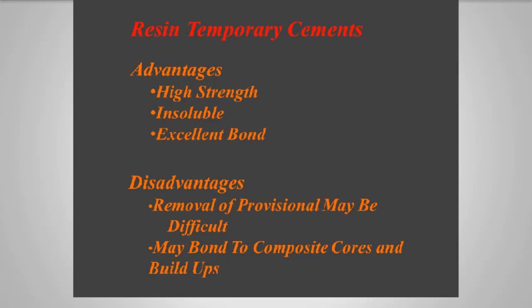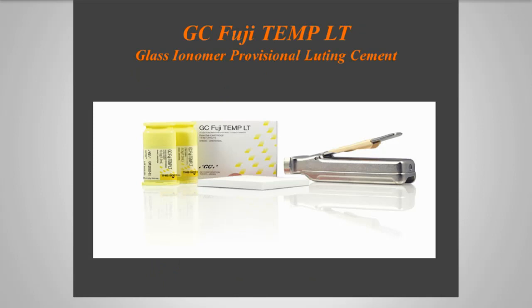What I'd like to introduce you to tonight is a relatively new temporary cement called Fuji Temp LT, and it's one of the only glass ionomer provisional luting cements that I'm familiar with in the market, if not the only. And glass ionomer cements have been around in the dental market for a long time, and one of the main advantages of glass ionomer technology is the fluoride release, because if a patient is going to have a provisional on, usually these margins are not as well sealed as definitive restorations made in the laboratory.